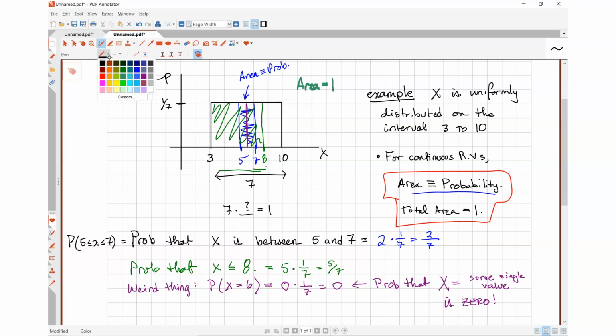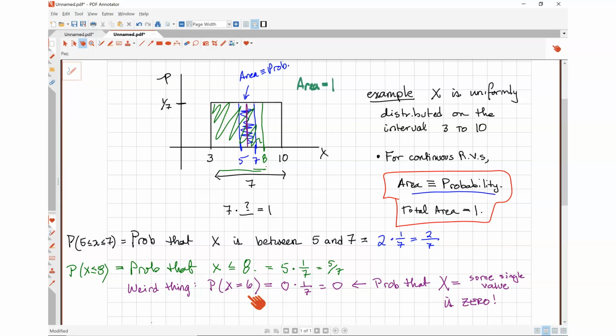The probability that x is less than or equal to 8, we would write like this. Again, just writing exactly what the criteria is in that more compact mathematical notation. And over here, I have already written what it would look like for the probability that x turns out to be exactly 6.